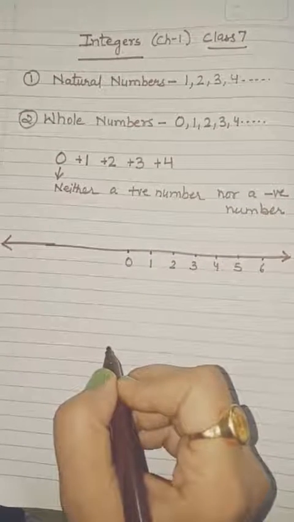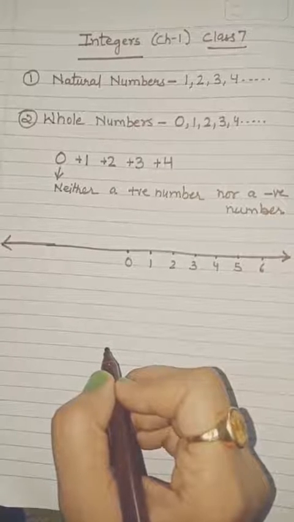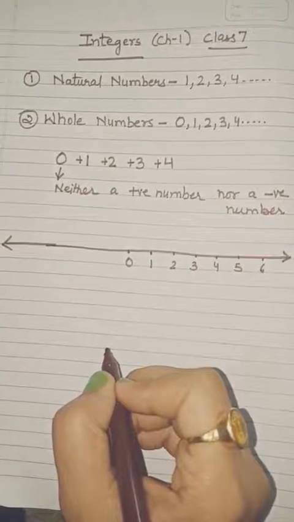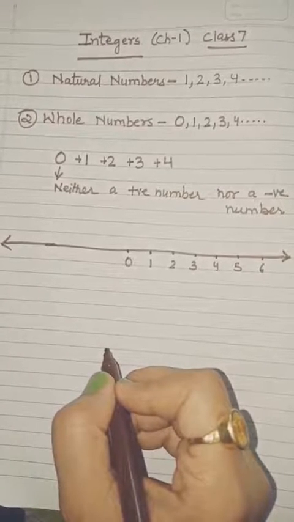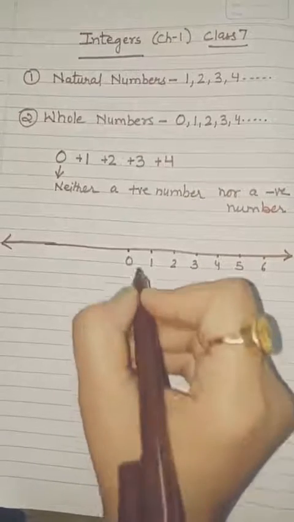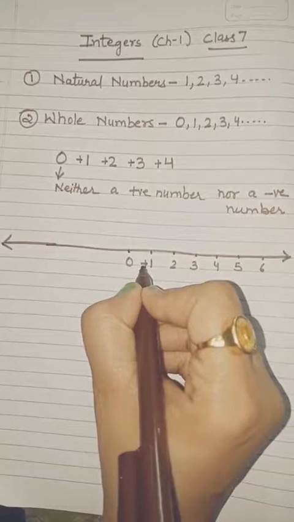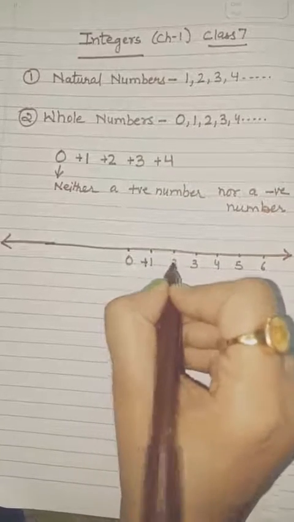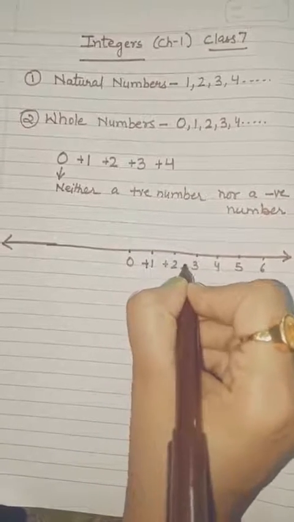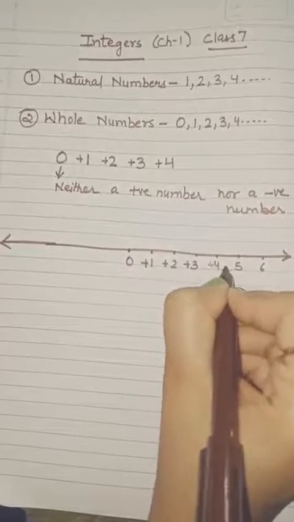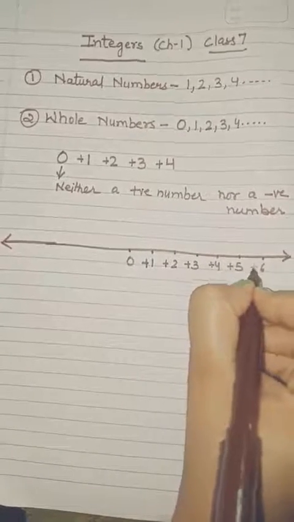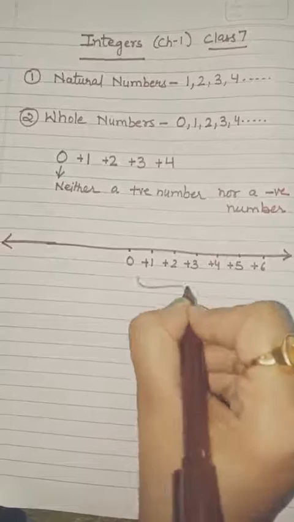This is the number line which we drew in our previous class, but for integers, this number line will be with the sign of plus or minus. All those numbers which are on the right side of 0 are written with a plus sign. That means all these numbers are positive integers.